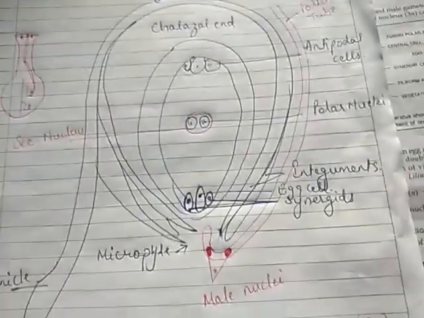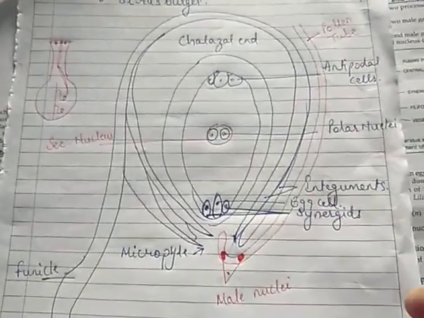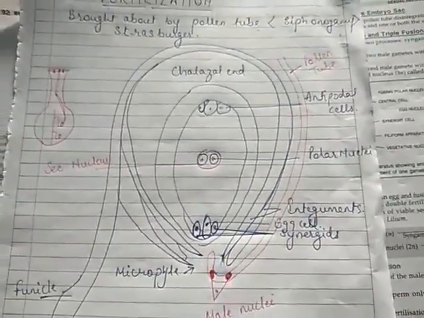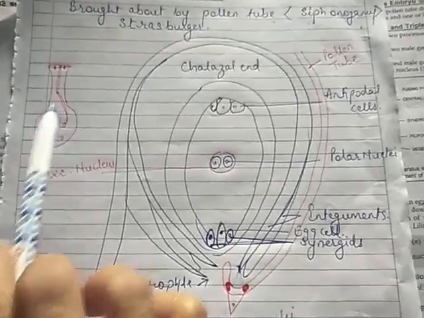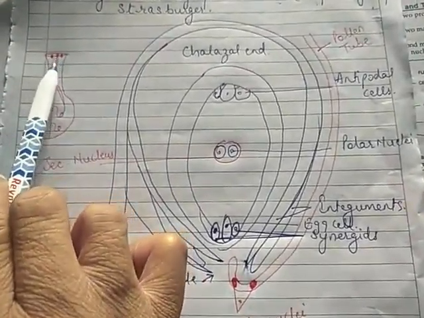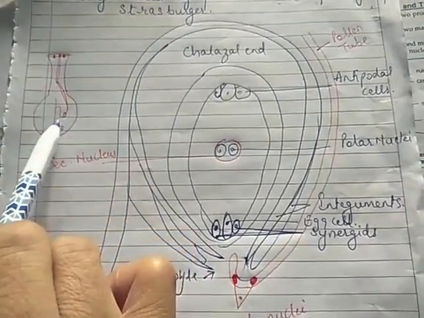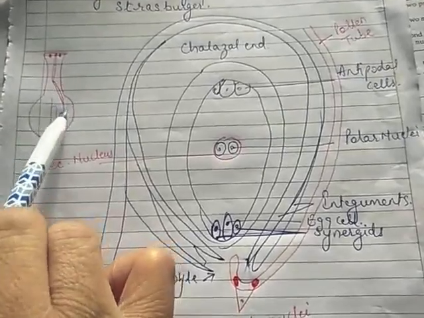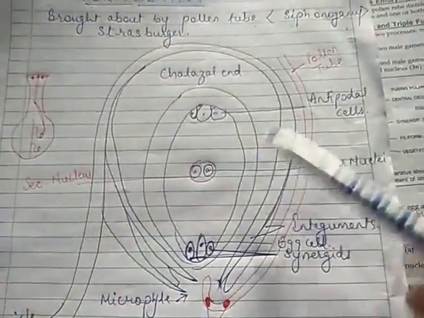Now if you see this diagram, the diagram of ovule has been already told to you. Now see this. This is stigma, pollen grains and the pollen tube being formed which goes into the ovule. Now imagine this same pollen tube coming into the ovule here.